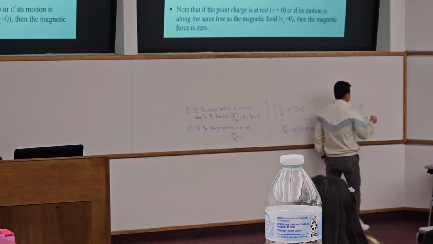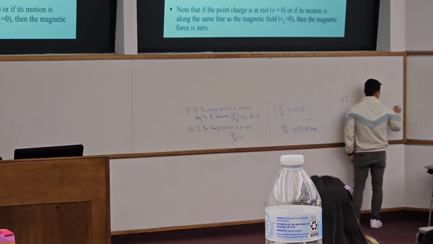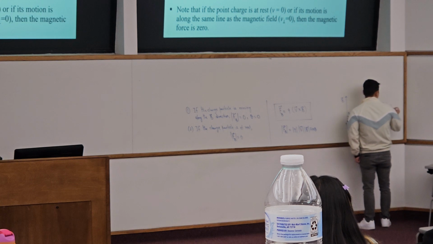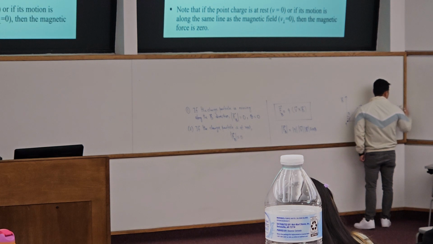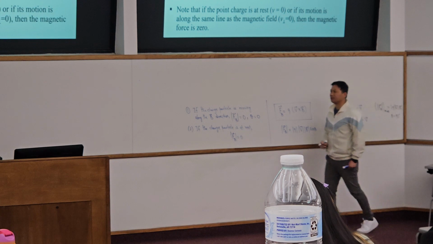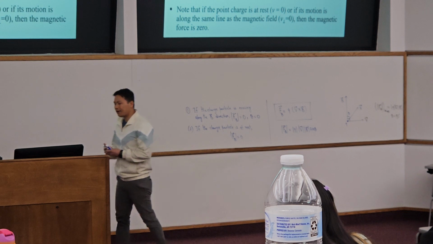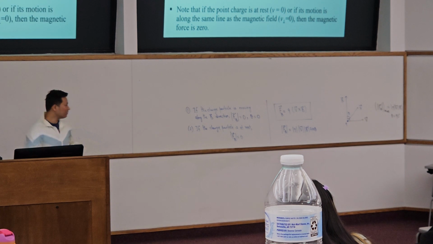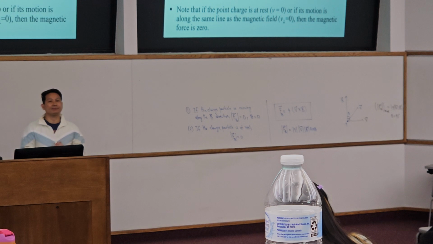Let me write down over here. So F_B is maximum, and the maximum value is q v B, because theta is going to be 90, and sine 90 is 1. These are some special cases where you have to pay attention, and they are going to be in true and false questions or multiple choice questions about the force experienced by a charged particle in a magnetic field.